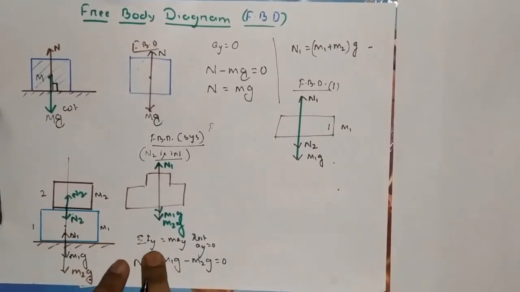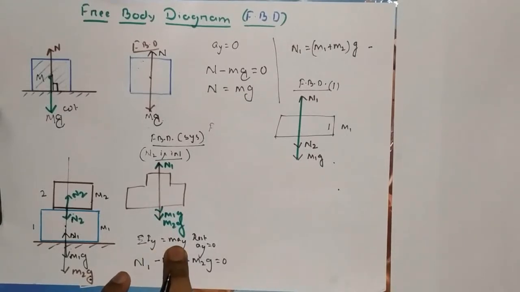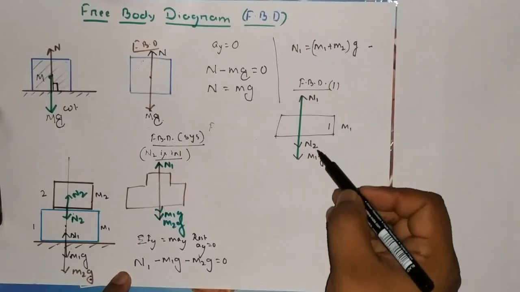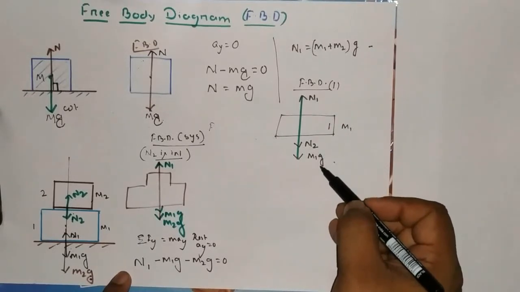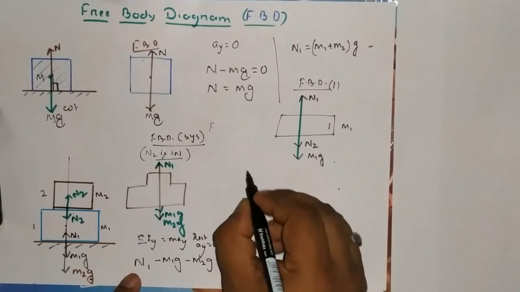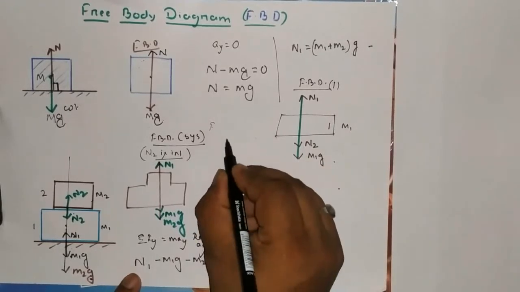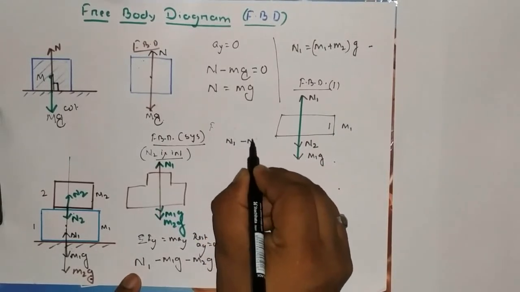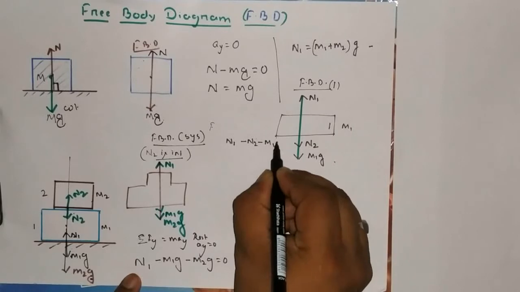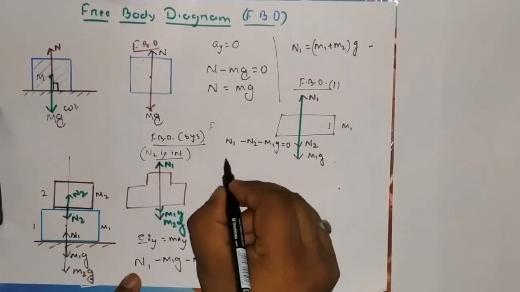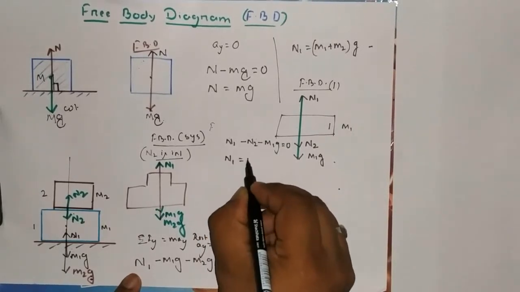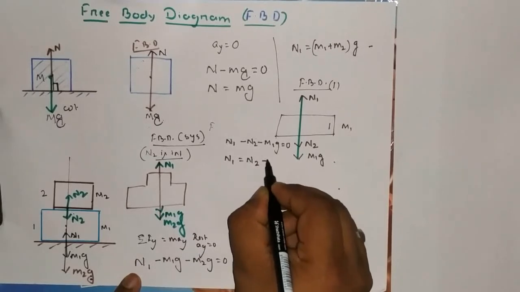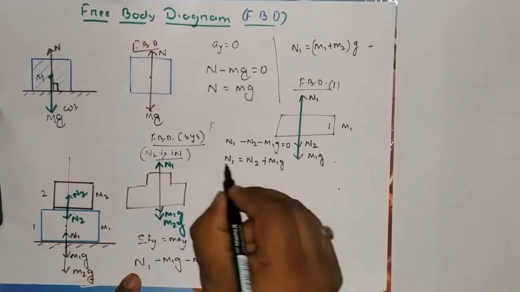Similarly, if I apply Fy equal to may, I will get N1 minus N2 minus M1g equal to 0, or I will write N1 equal to N2 plus M1g.